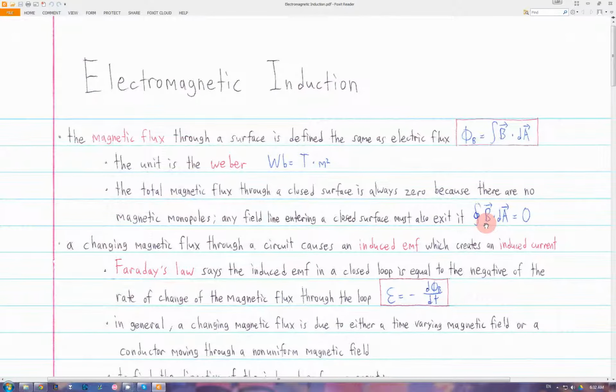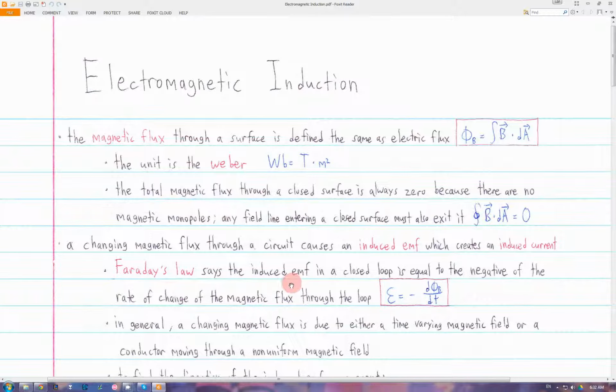Again, there's only an induced EMF when the magnetic flux is changing through the circuit. So the instant that the magnetic flux becomes constant or disappears, the induced EMF will also disappear. It's only there when the magnetic flux is increasing or decreasing.